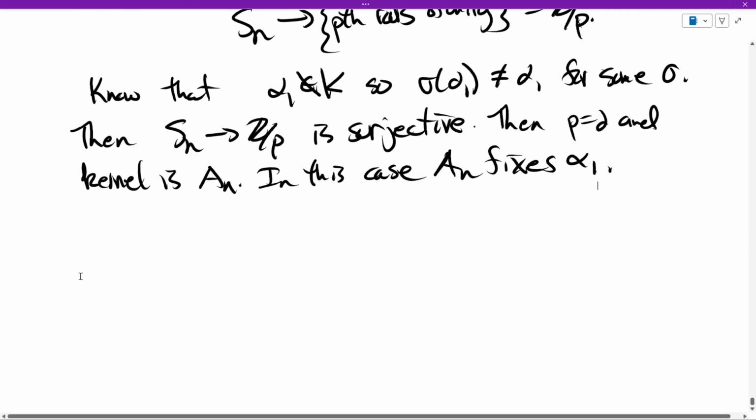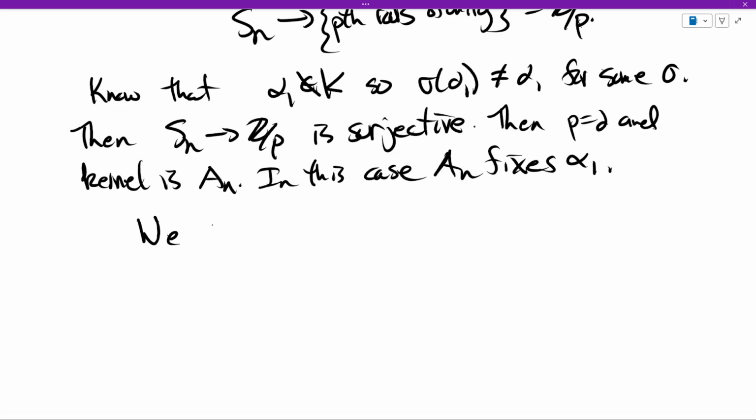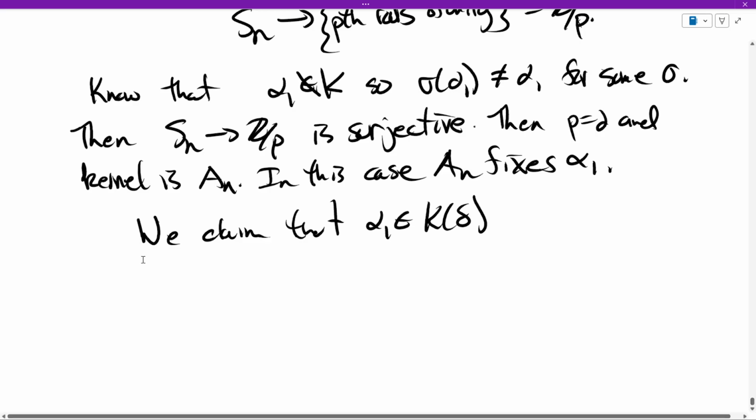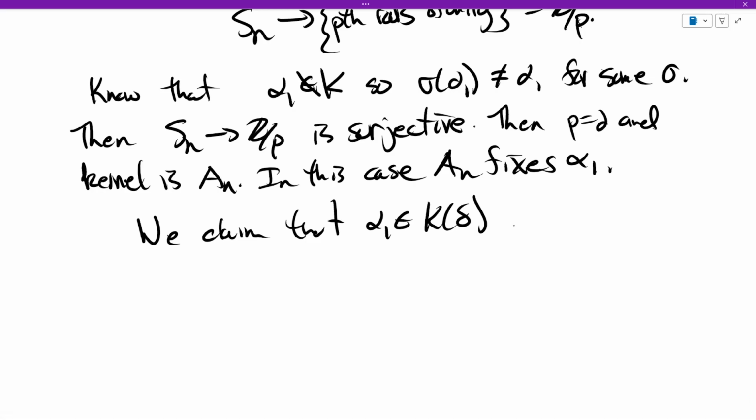Okay, so now what? Well, we claim that actually alpha 1 is in the field obtained by adding in this expression delta, the product of the pairwise differences of the roots in increasing subscript order. Well, let's prove that.